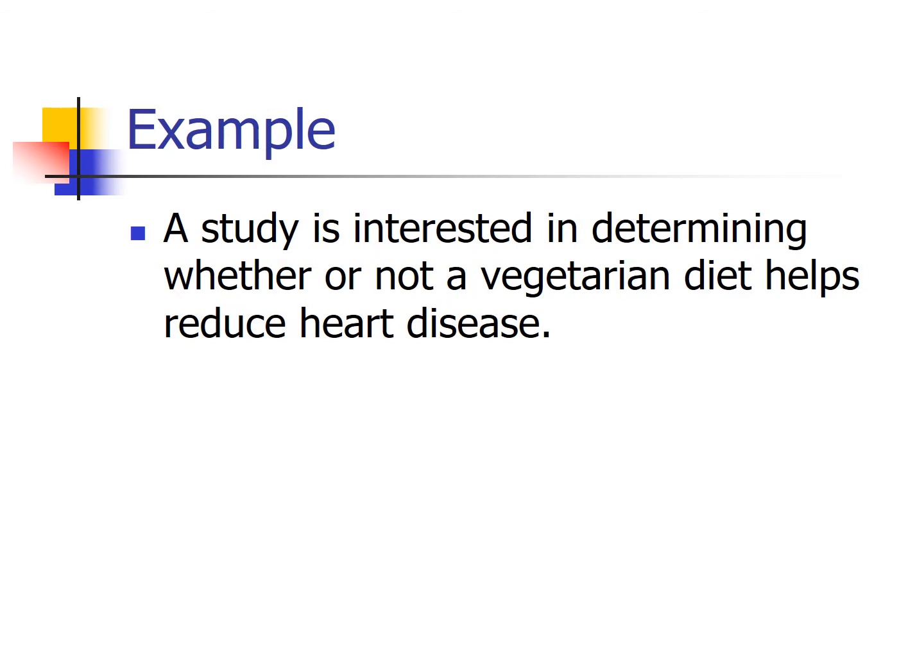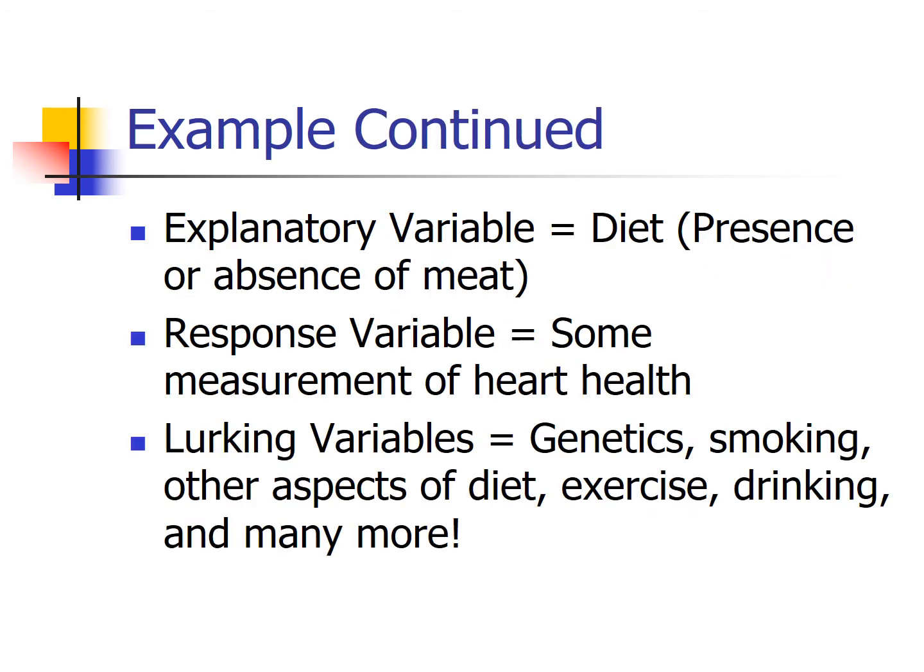Here's maybe a slightly more interesting real-life example. Right? Say we're maybe interested in doing a study. Obviously, lots of studies have been done on this, in determining whether or not a vegetarian diet helps reduce heart disease. So imagine a study like that. The explanatory variable in this example would be diet. Right?